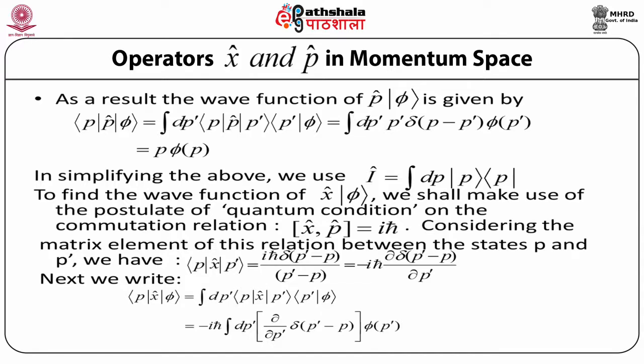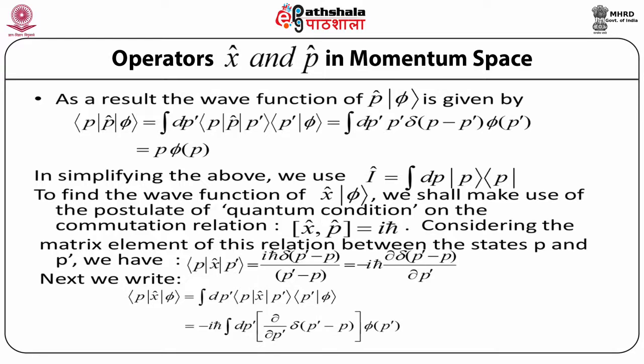Here, in order to simplify the above equations to reach the final result, we have used the identity of the unitary matrix, that is, operator I is equal to integration over dp, ket vector p, bra vector p.